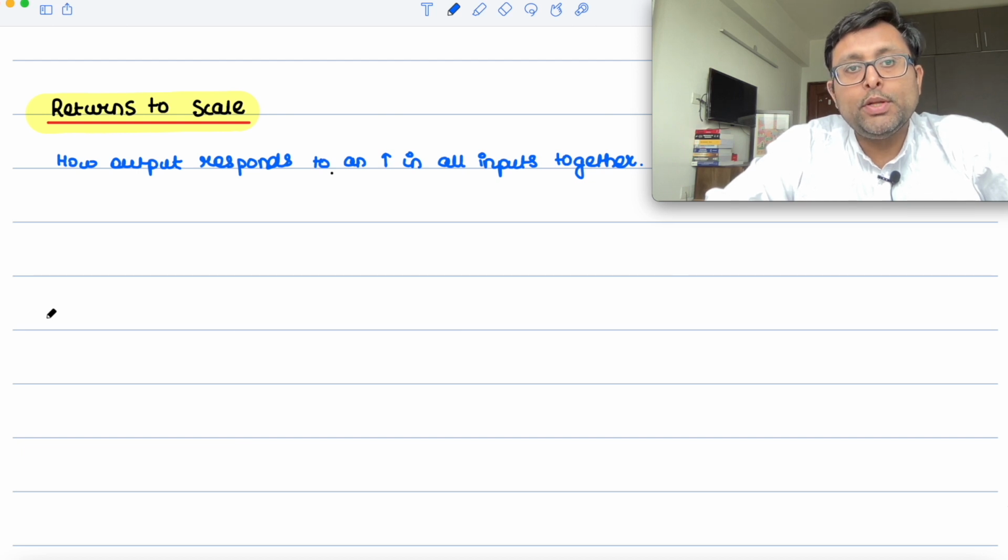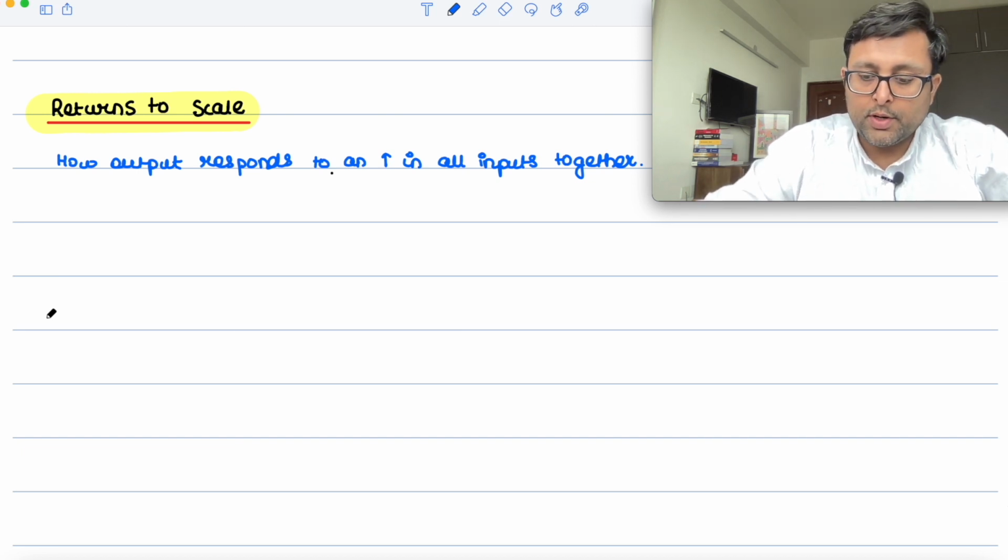With greater division of labor, it will bring about efficiency. When efficiency increases, there is a possibility that your output can even more than double. Although you have just doubled the input, your output can more than double.